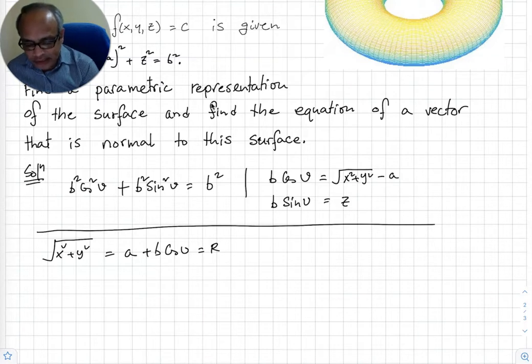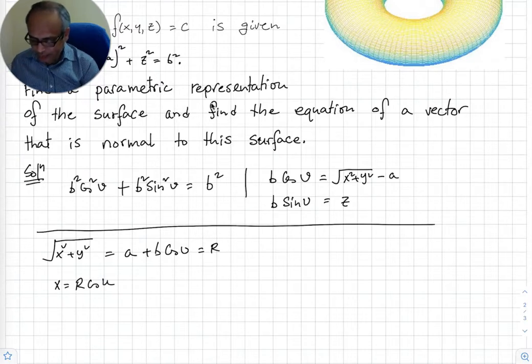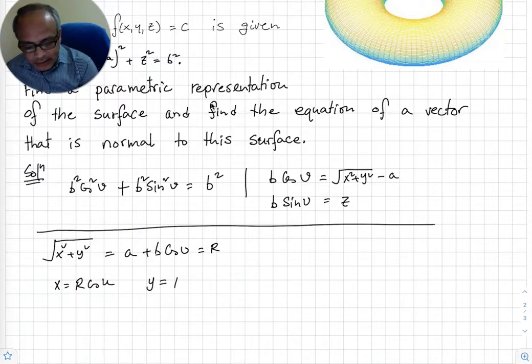Which means we can think of x equals r cos theta and y equals r sin theta, right? So I'm going to use x equals r cos u and y equals r sin u.